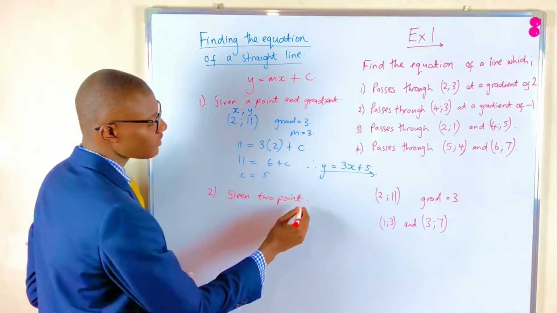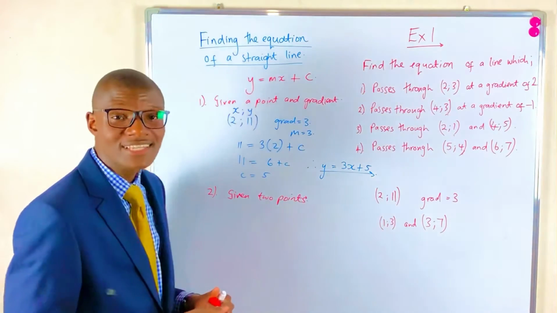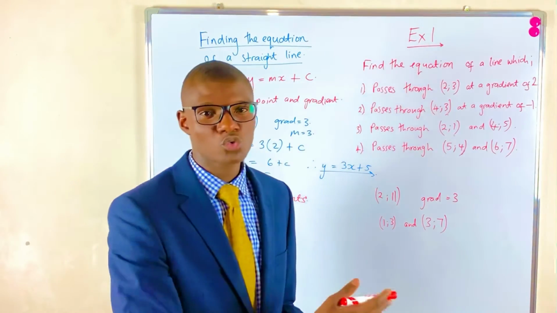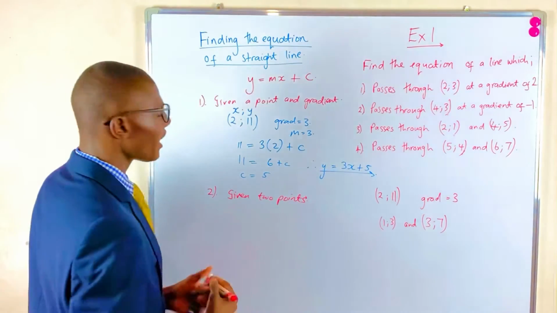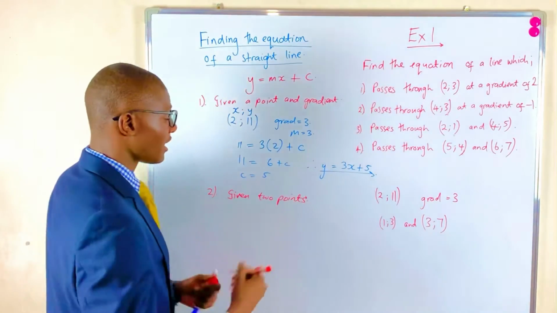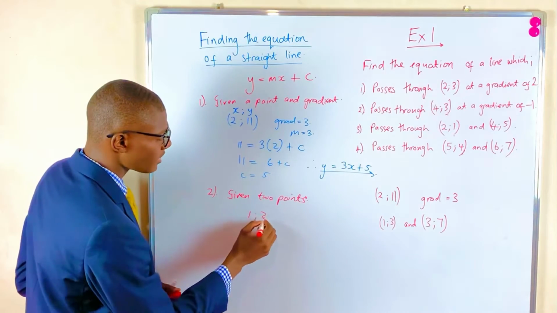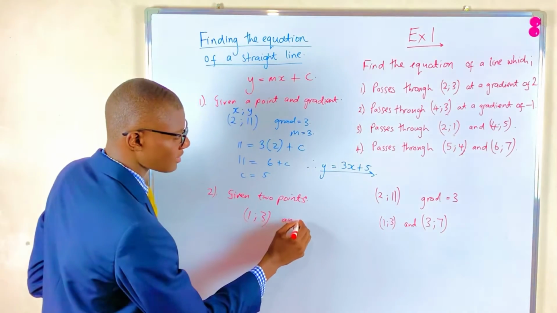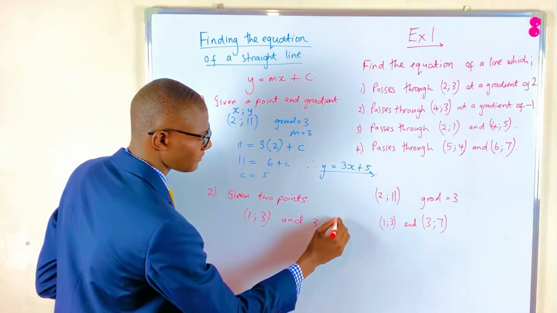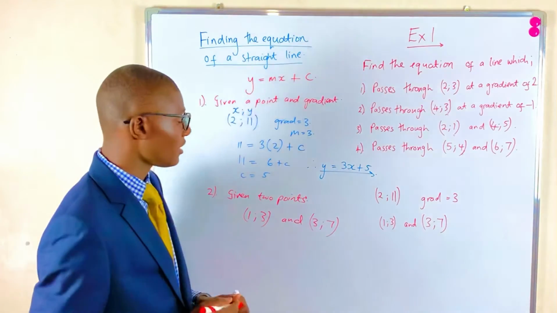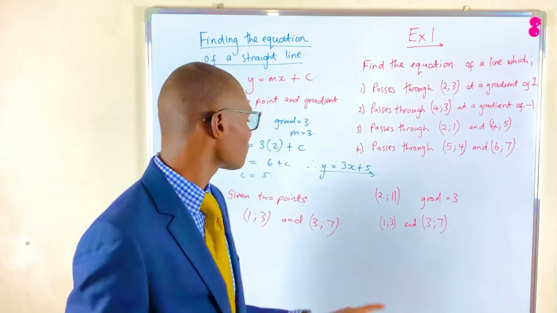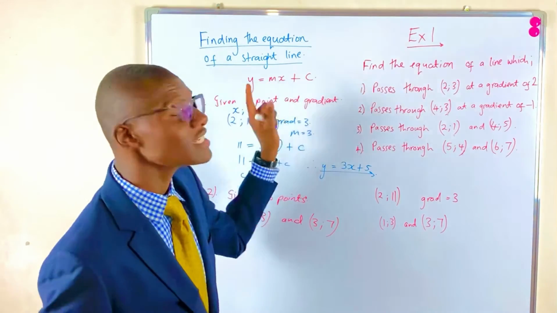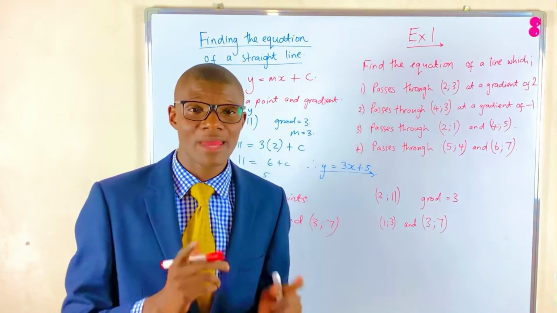So now given 2 points for which this line is passing through, what we need to do, let's take this example. We're asked to calculate the equation of a line that passes through the points (1, 3) and (3, 7). So our first task is to find the gradient of the line, because we need our equation in the form y is equal to mx plus c.